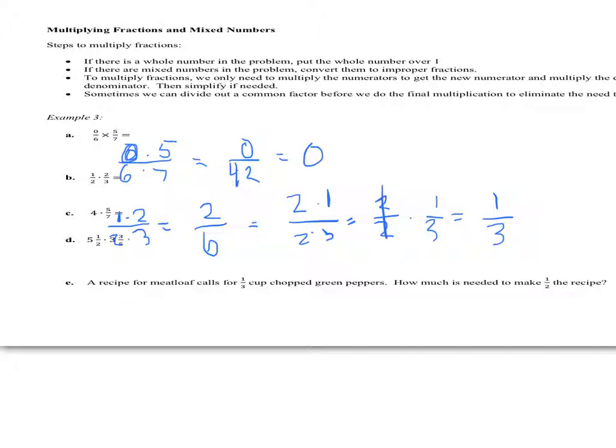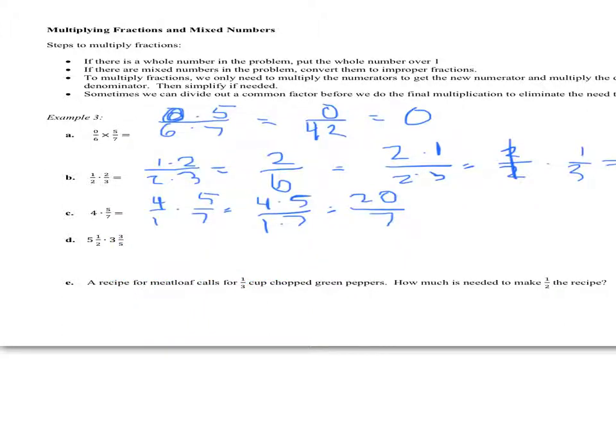The 2 over 2 is equal to 1. Okay. Example C, 4 times 5/7. We first notice that the 4 is a whole number, so we can write that over 1 times 5/7. And now we go through our multiplying steps. 4 times 5 gives the new numerator 20, and 1 times 7 gives the new denominator 7.